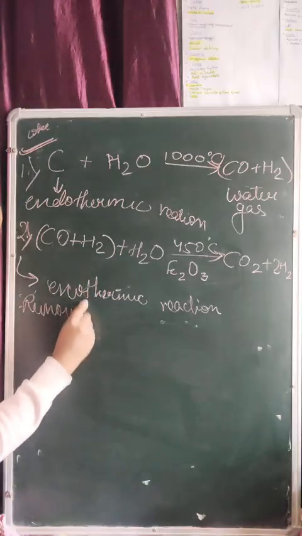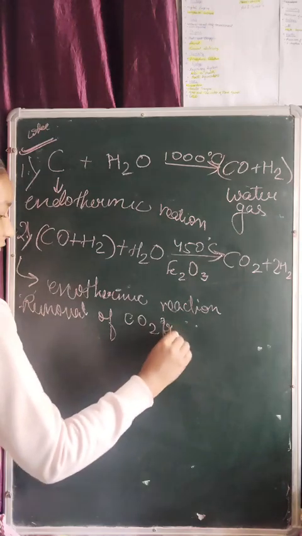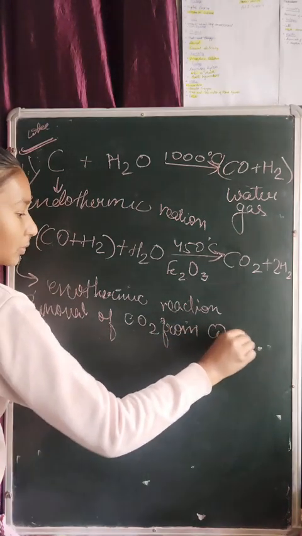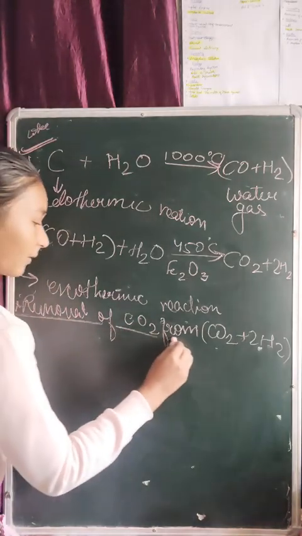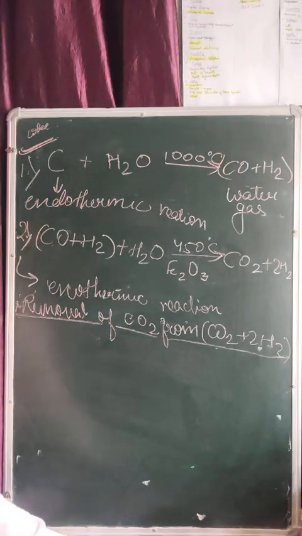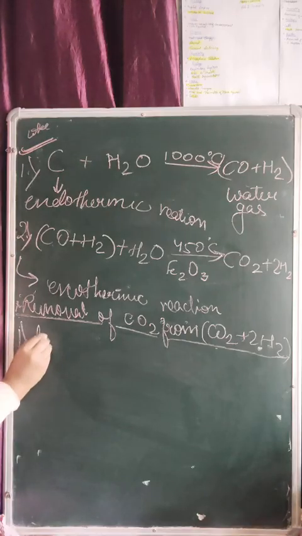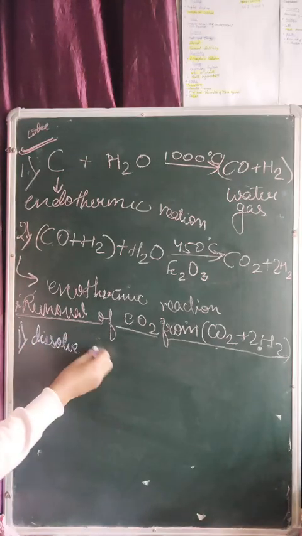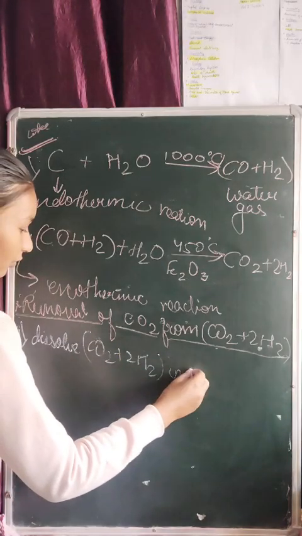Removal of carbon dioxide from CO2 plus 2H2. How will we remove it? First step is that we will dissolve this mixture, CO2 plus 2H2, in water.